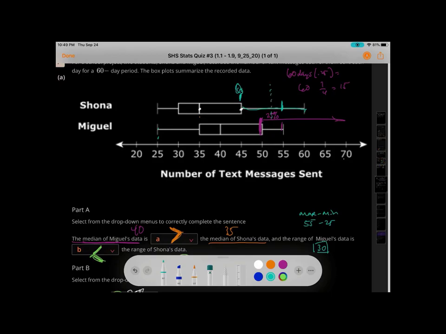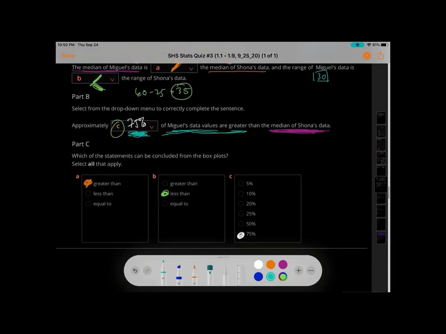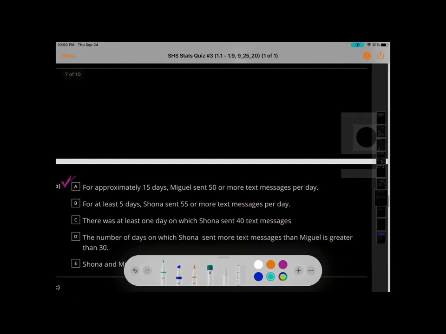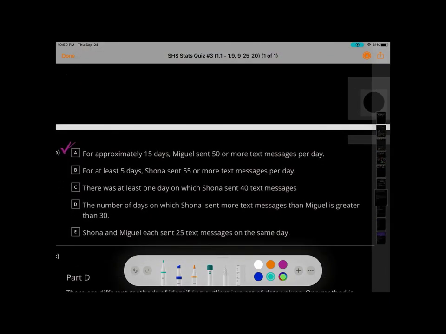I would say that's about half of 25%, which would be around where she is, half of 15, because we know this represents 15 days. So that would be 7.5 days or less. For at least 5 days, she sent 55 messages or more. I would say yes.